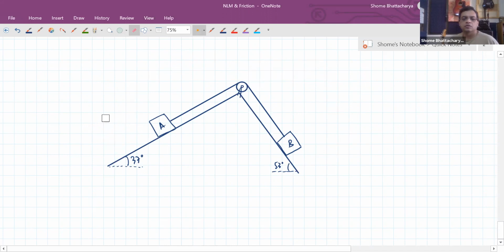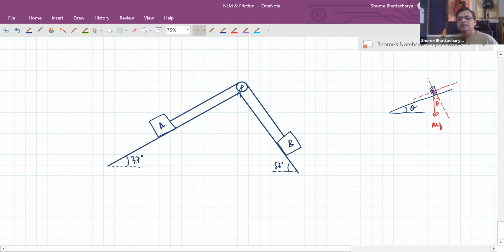In this type of situation, we will keep one analysis very straightforwardly in mind: whenever we have an inclined surface at an angle theta, then the weight of an object can directly be resolved into components like this.